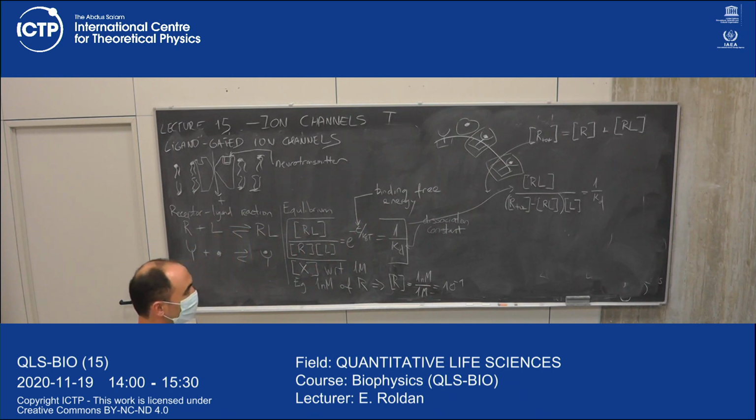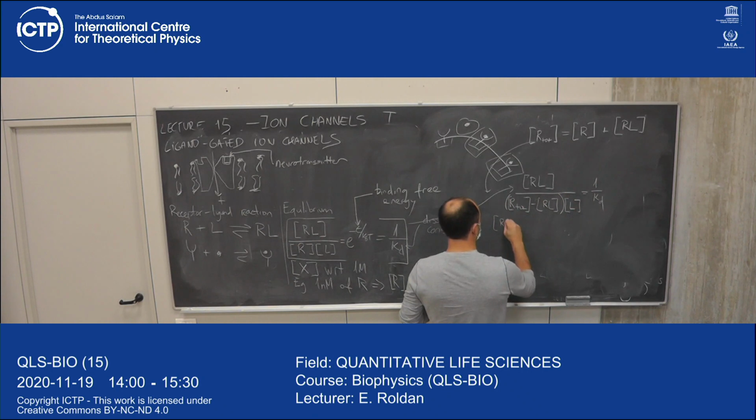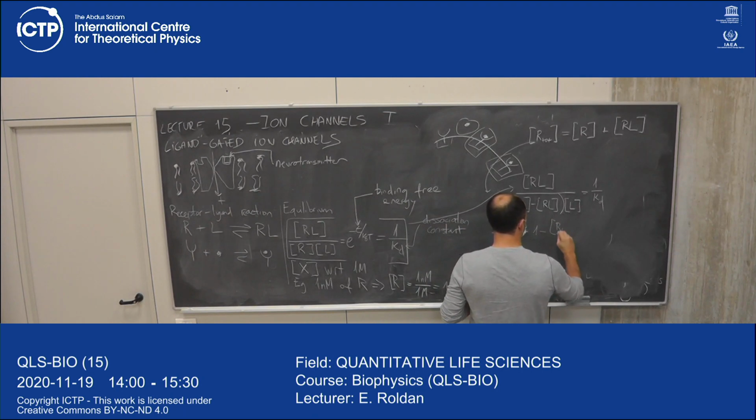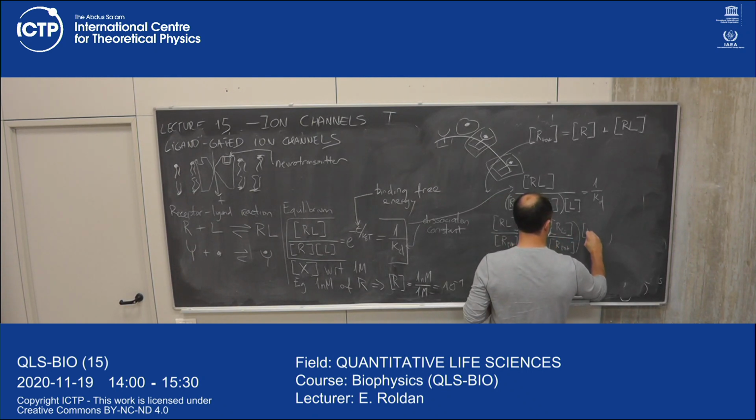So what I do now is put this on the right and divide by R total: RL divided by R total equals 1 minus RL divided by R total, times L divided by KD. This is basic algebra.